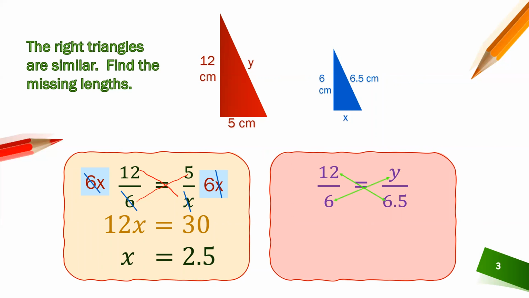So Y times 6 is 6Y, and then 12 times 6.5 is 78. Therefore, Y is 78 divided by 6, which is 13. And that is how you solve proportions. And the proportions in this case come from similar triangles and their corresponding sides.